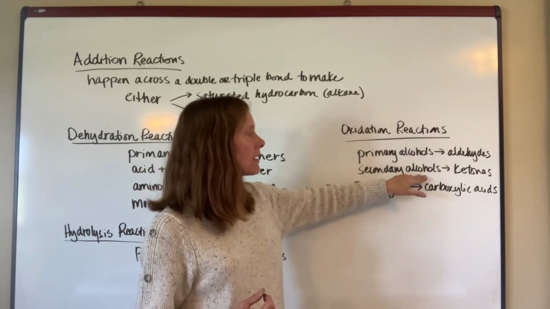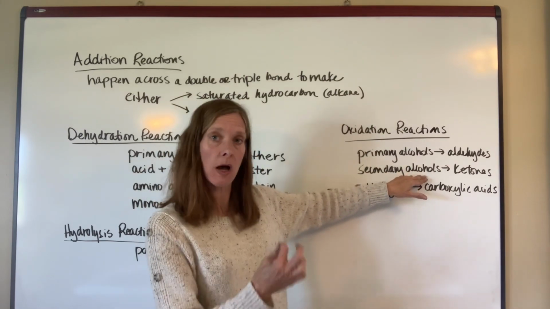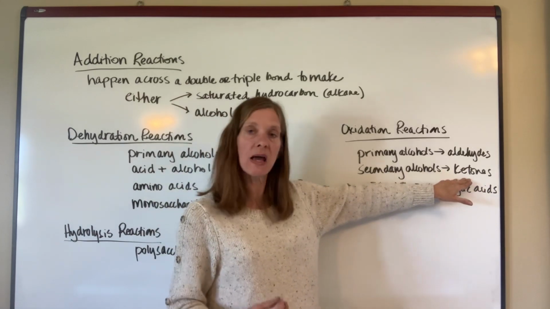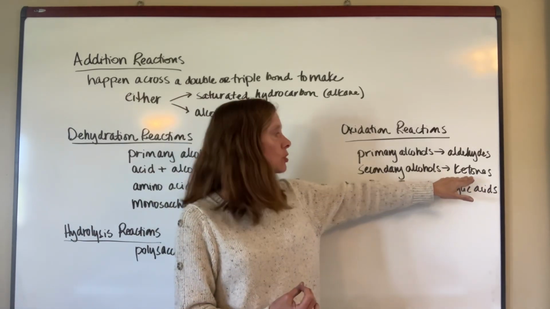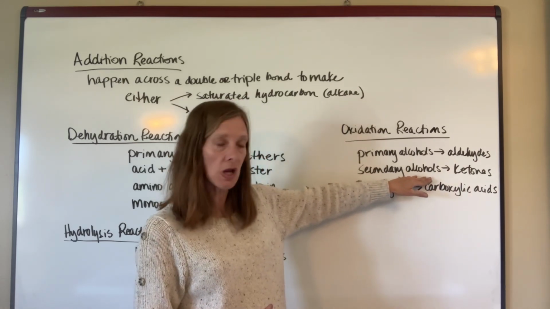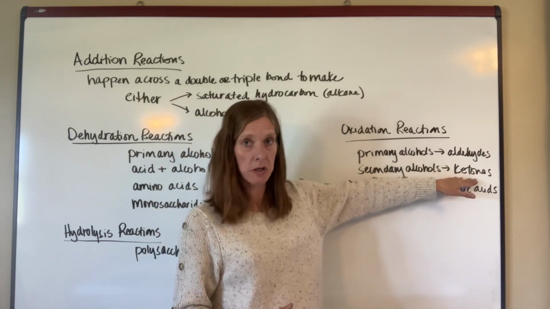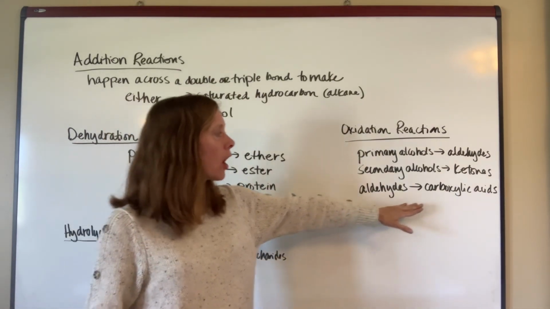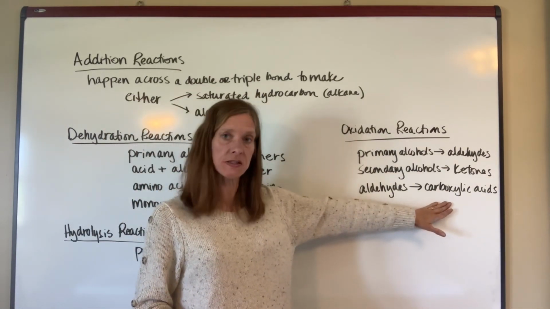A secondary alcohol has a single bond to an oxygen in the alcohol group, but a ketone has a double bond to the oxygen. So again, you're turning something that has a singly bonded oxygen into something that has a doubly bonded oxygen. An aldehyde turns into a carboxylic acid when it's oxidized.